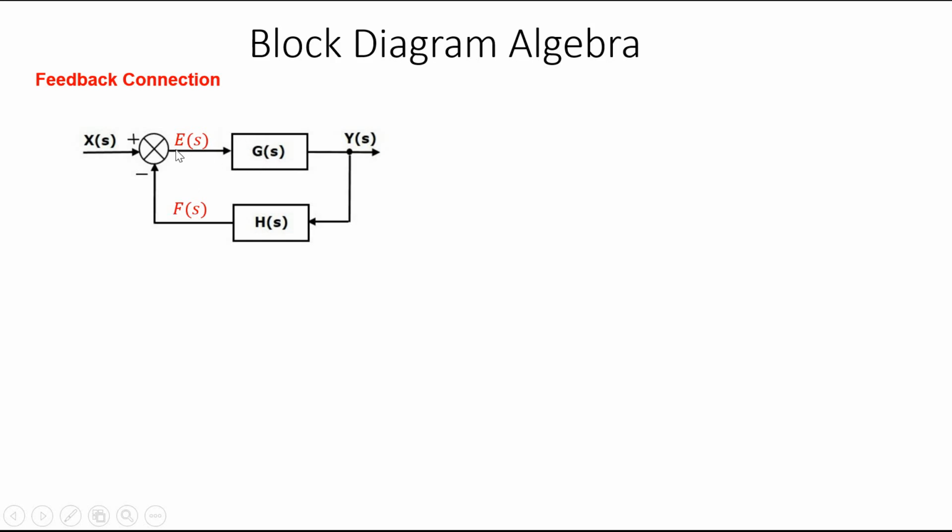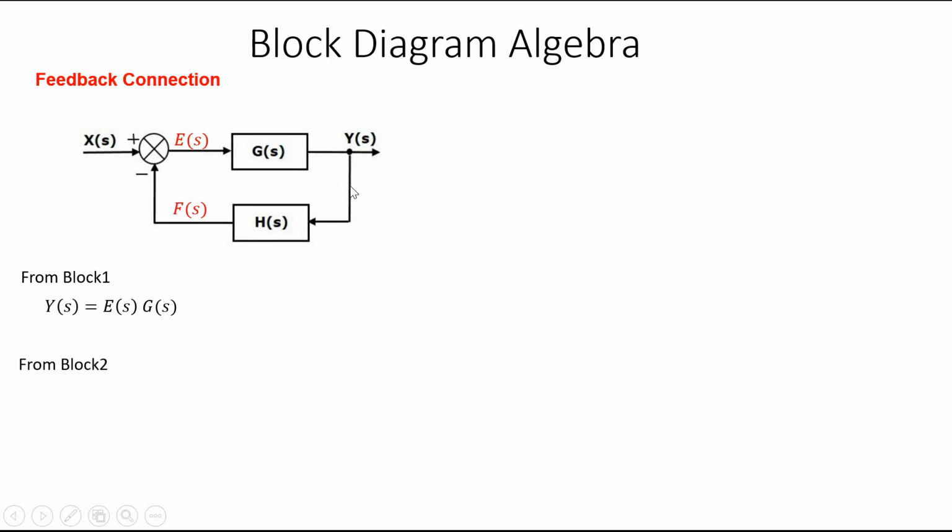Here for g of s, e of s is the input and output is y of s. Here for h of s, input is y of s and let output be f of s. So from block 1 we can write the equation as y of s equal to e of s into g of s, the input of this one.